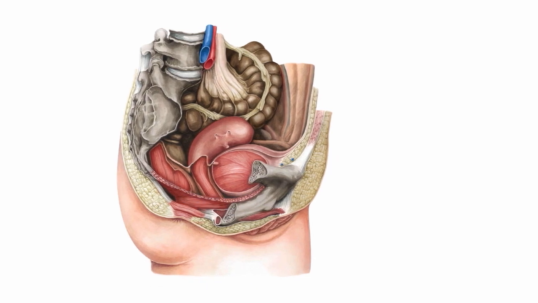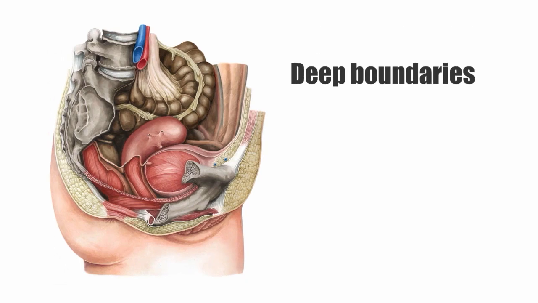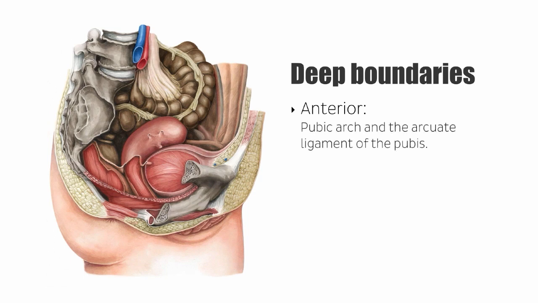There are a few structures related to the perineum that are worth mentioning here, some that we call deep boundaries of the perineum. There is an anterior one, which is defined as the pubic arch and the arcuate ligament of the pubis. Posteriorly, we're going to see the tip of the coccyx, which you can see here, this bone here, which will also define the deep posterior boundaries of the perineum.